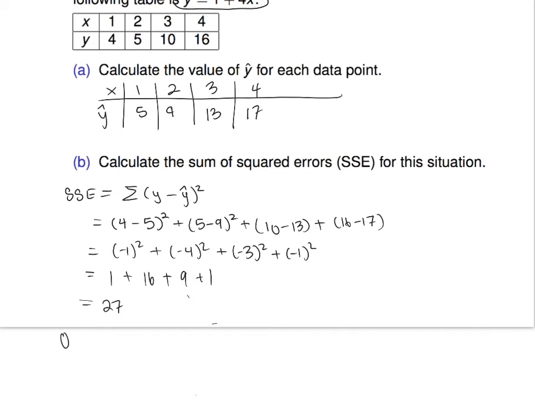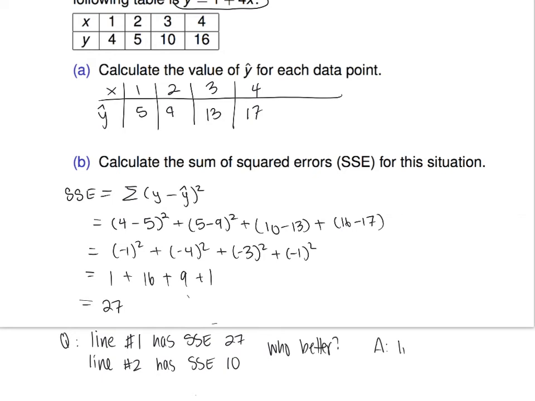And one quick related question, if line 1 has SSE, not SEE, 27, and I gave you another line, line number 2, with SSE 10, which is better?